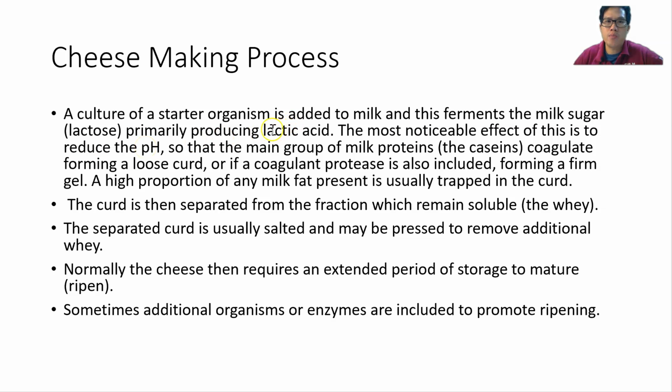The more lactic acid produced, the more the pH will drop, so that the main group of milk proteins, the casein, starts to coagulate, forming a loose curd. Or if a coagulant protease is also included, in this case chymosin, it forms a firm gel.